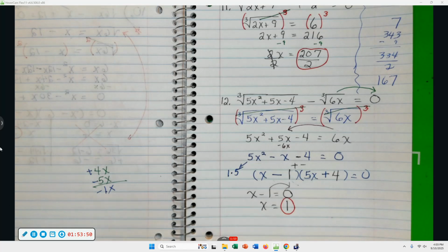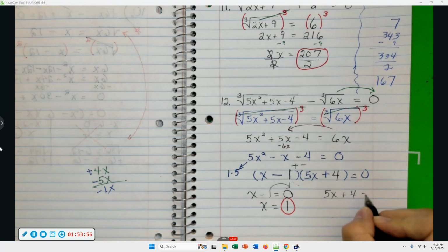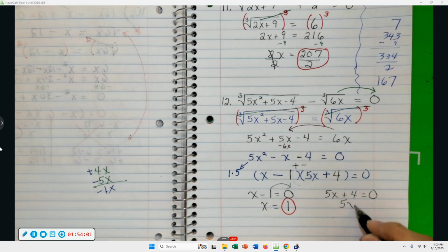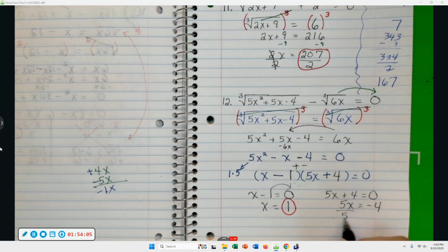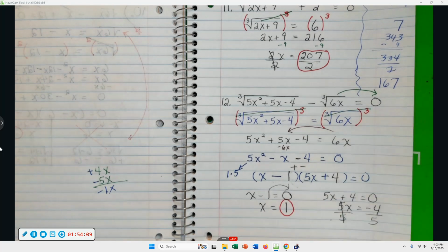When you set the 5x plus 4 to 0, move the 4 over and divide by 5. Aren't you glad you don't have to check this one? You only have to check the even roots.